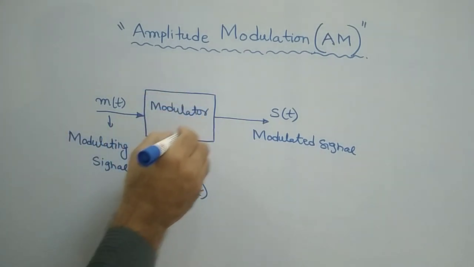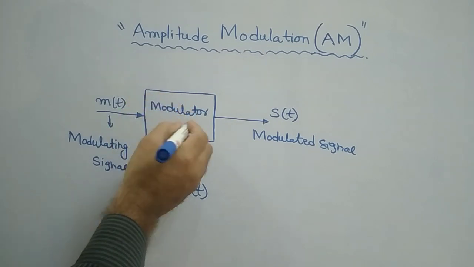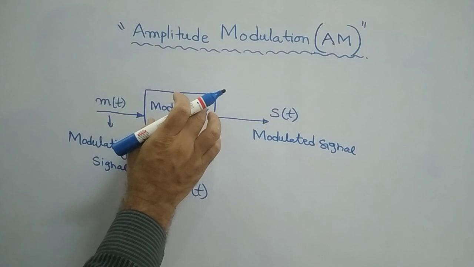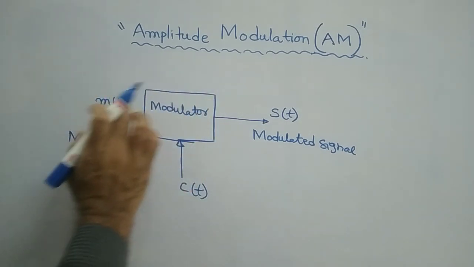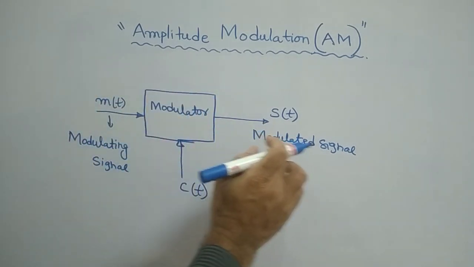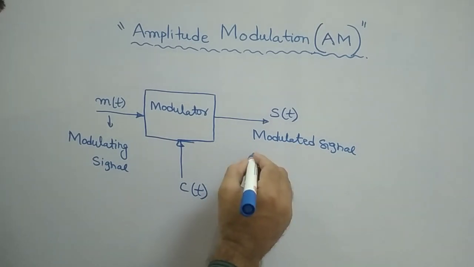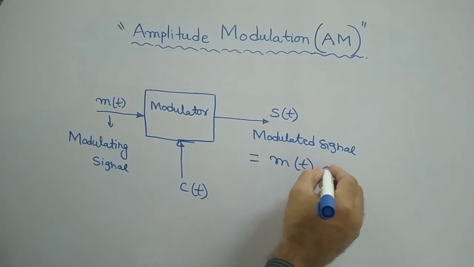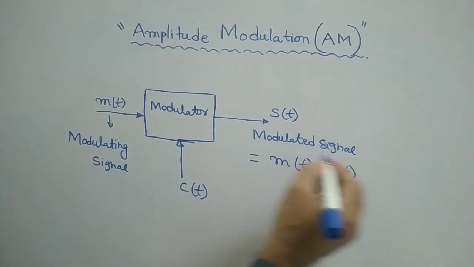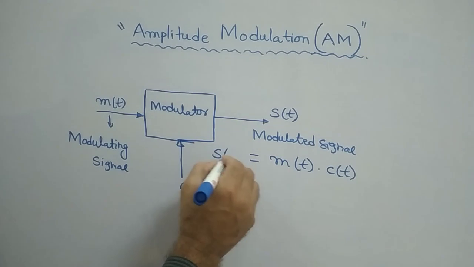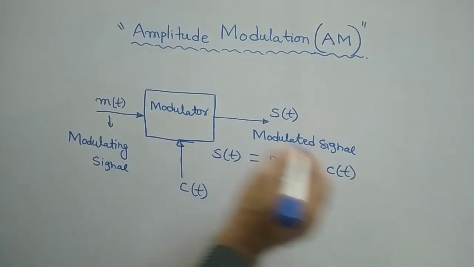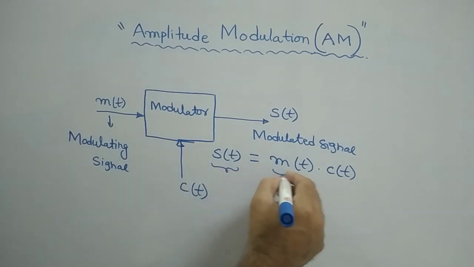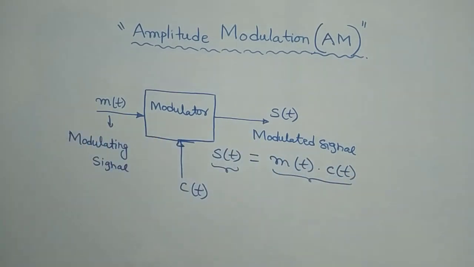The device which modulates the input signal is called a modulator, and your modulated signal s of t is the product of m of t into c of t. Remember this. So s of t is equal to m of t into c of t, right? s of t is the amplitude modulated signal. It is the product of your message signal and the carrier signal.